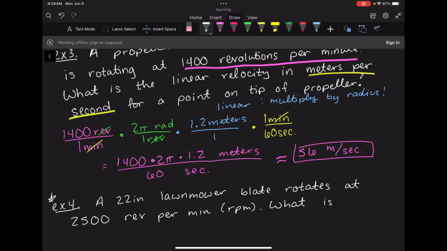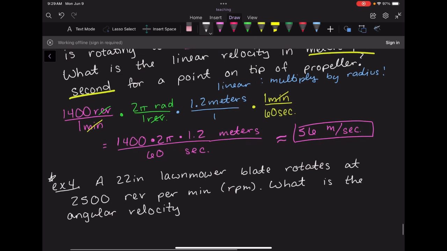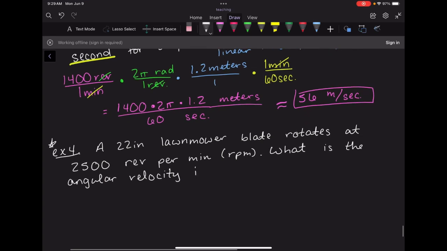What is the angular velocity in radians per second of a point on the tip of the blade?